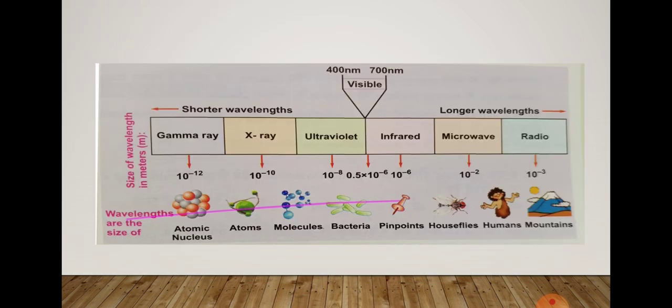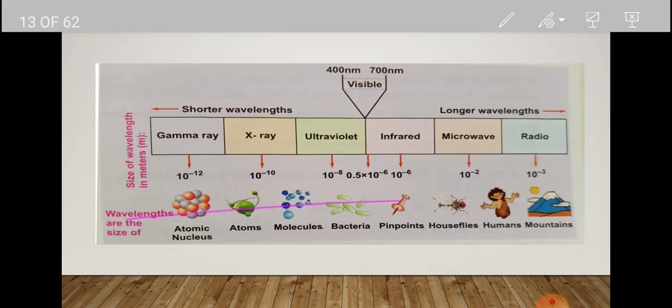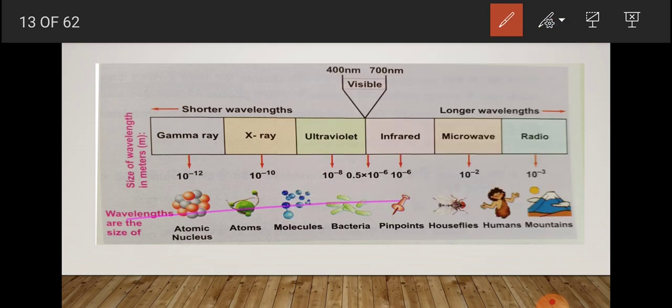You can see here, wavelength is increasing, frequency is decreasing. So wavelength and frequency, how are they related to each other? Wavelength is increasing and frequency is decreasing. So they are inversely proportional to each other.